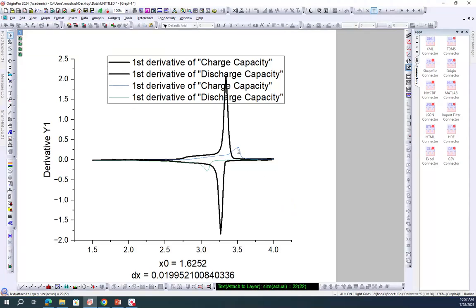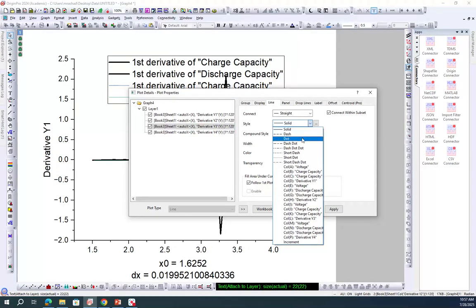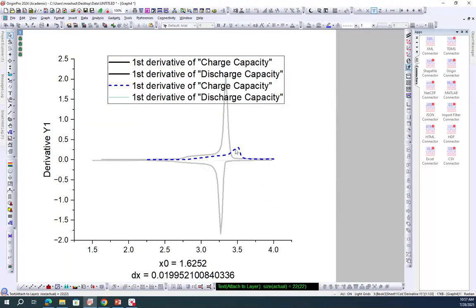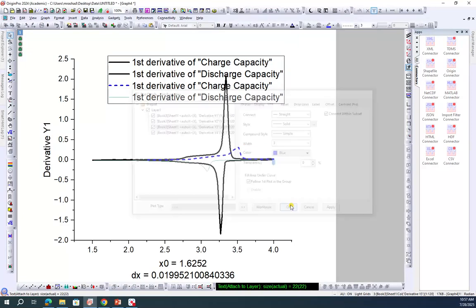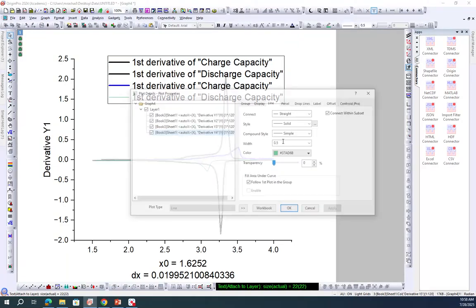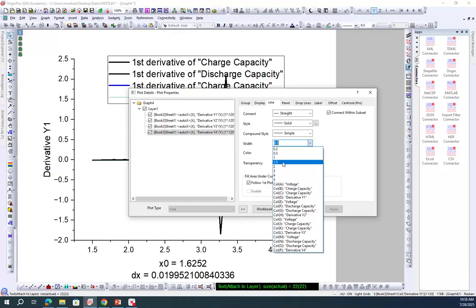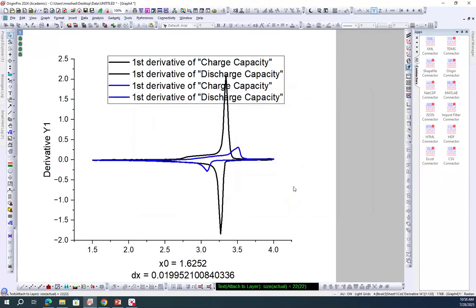Okay, and let's also change this one to 3, and maybe this one. You can also choose dotted lines or short dashes. Like this. I will choose the straight line. Okay, and similarly for this one you can keep the same. This is for the 5C. Yeah, so here it's ready.